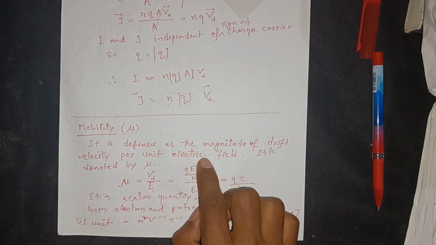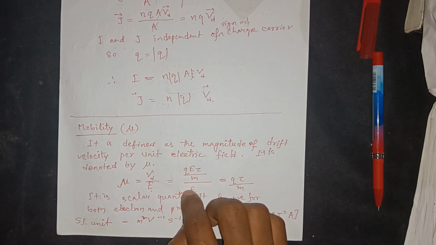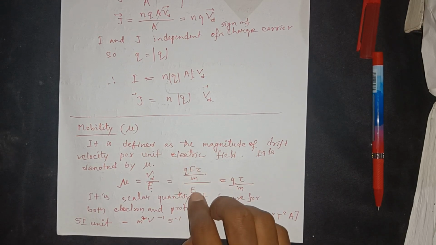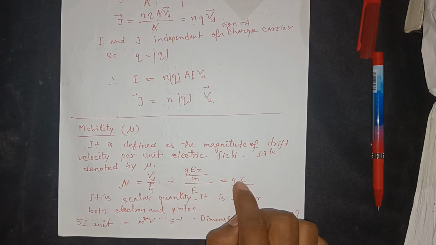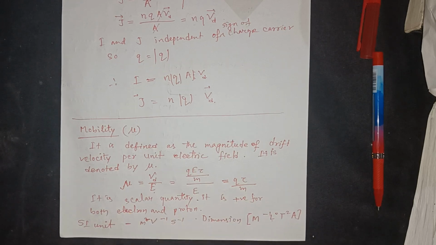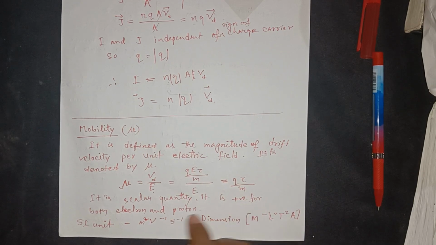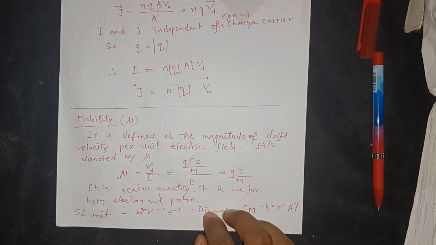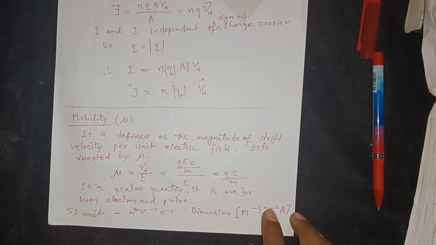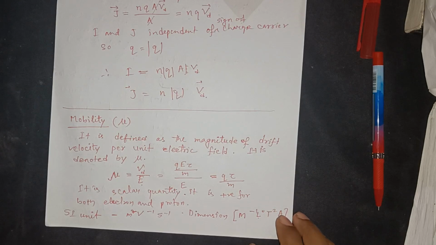If you put qEτ by m as the drift velocity, divided by the electric field, E cancels out and mobility is qτ by m. So it is a scalar quantity, and it is positive for both electron and proton. It does not depend on whether the carrier is a proton or electron; it is always positive for all charge carriers.